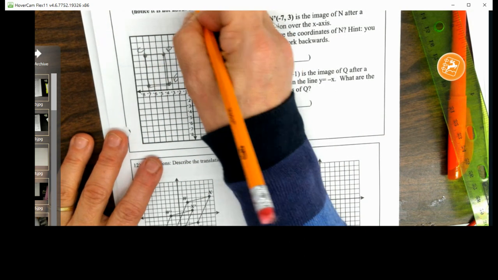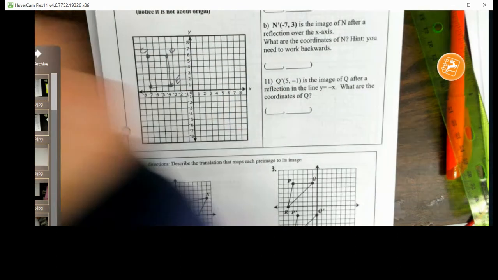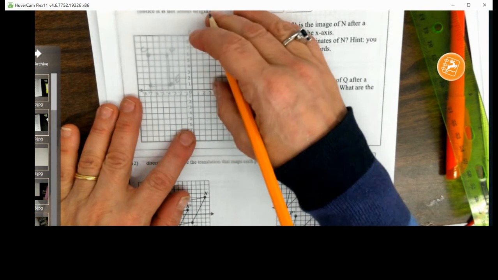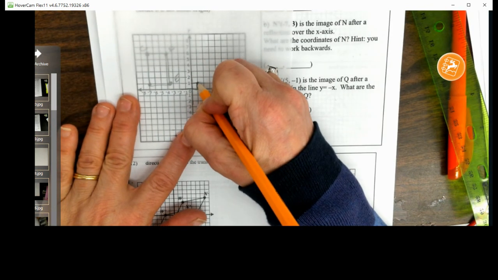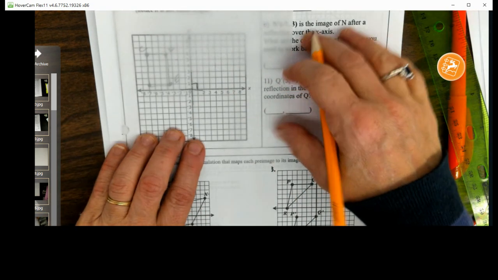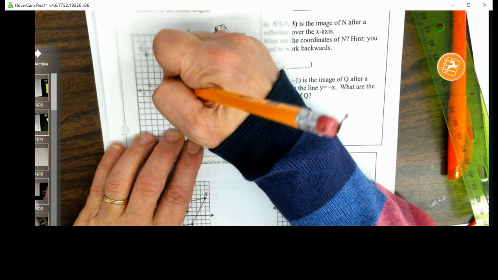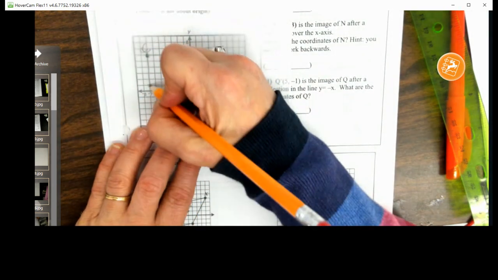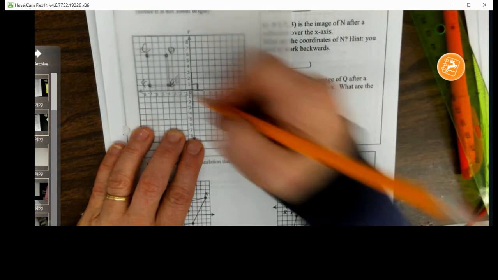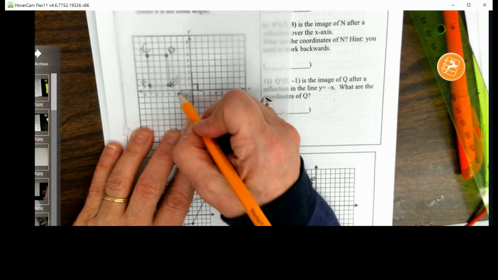And now we're going to rotate 180 degrees. That's not about the origin. So I'm going to take my patty paper, or my tracing paper. Okay, there it is. And then I have C, D, E, and F. Okay, and I'm going to rotate it about the point negative 3, negative 1.